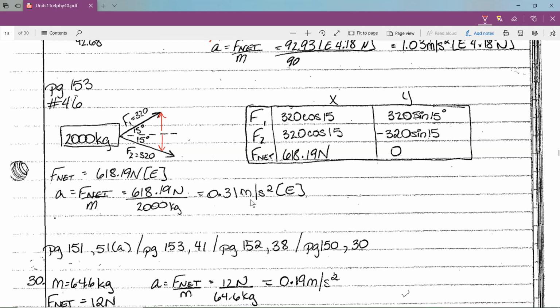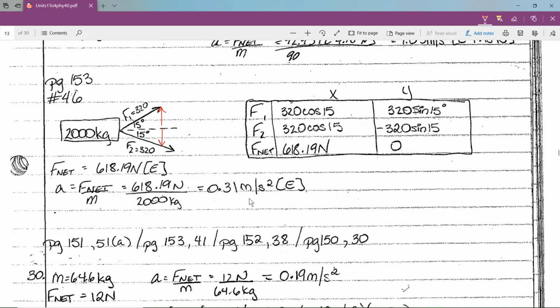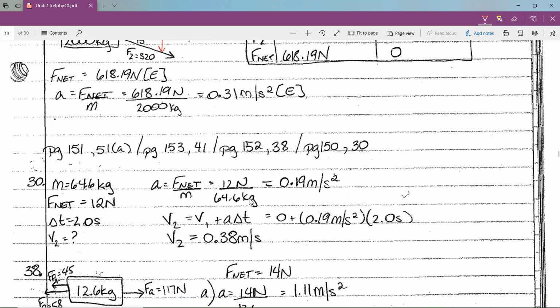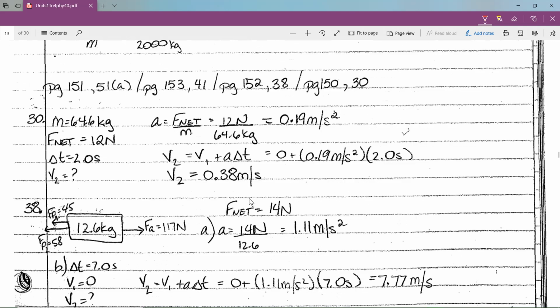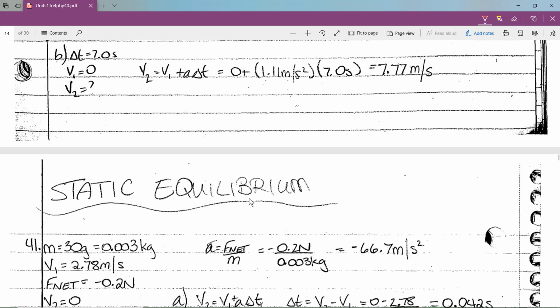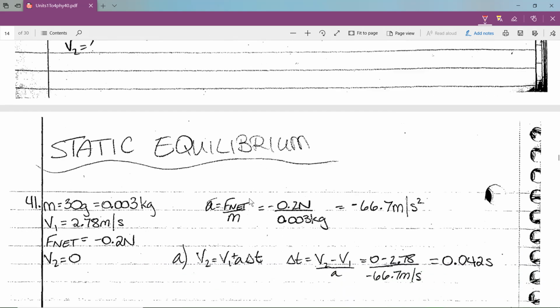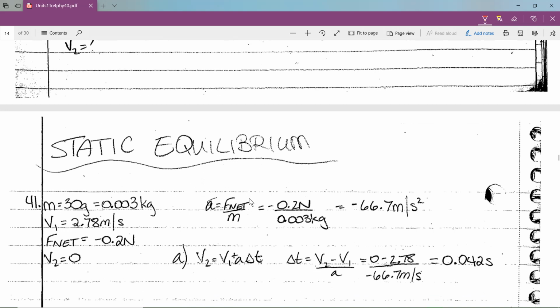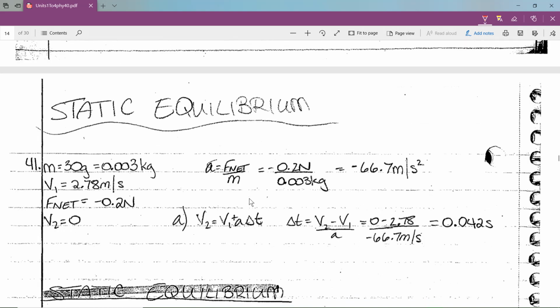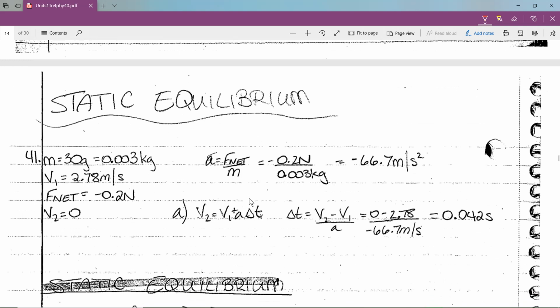The object is moving at an acceleration of 0.31 meters per second squared to the east. In your mini text, there's some examples for you to try, and there they're listed. So you give that a shot.